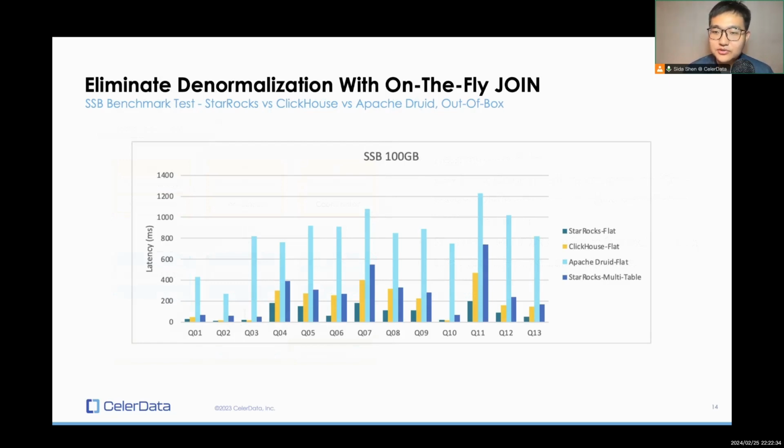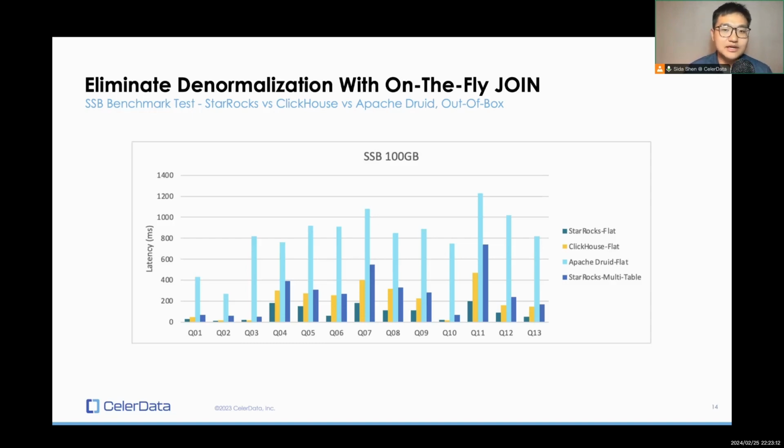But ClickHouse created a variant of that benchmark test, basically to perform denormalization on all of the SSB tables beforehand. So during the actual benchmark, at query time, there are only on-the-fly aggregations, but no on-the-fly joins. And so here, everything with flat is run on the flat table with the denormalization, and everything with multi-table for StarRocks is run on the original multi-table schema.